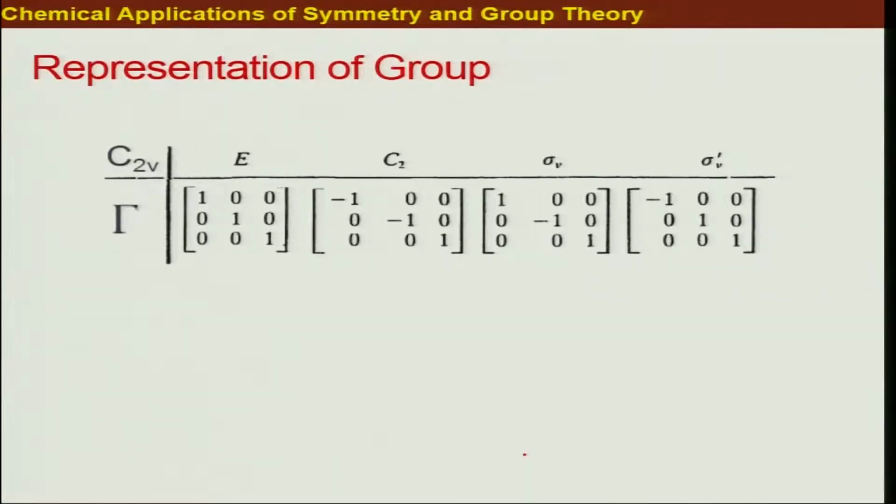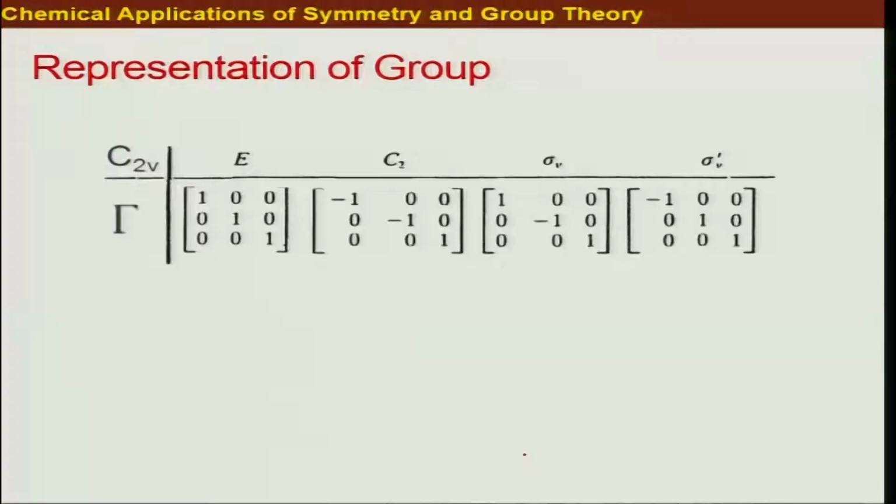Now once we have verified all these things, then we can say that all these matrix representations, if we use all together, we can find a representation of the group itself. So that is what is shown here. Here we have formed a kind of table, where at the top left corner we have the symbol of the point group under consideration, C2V, and here you have all the symmetry operations written.